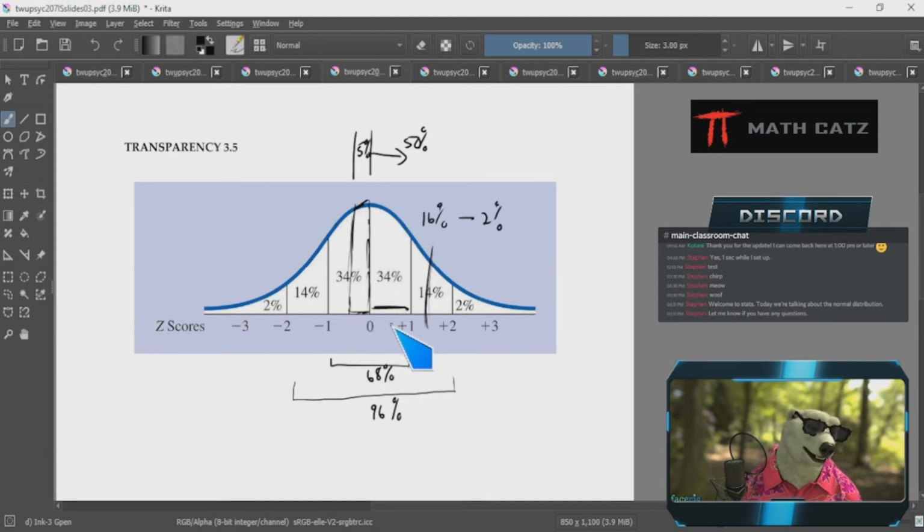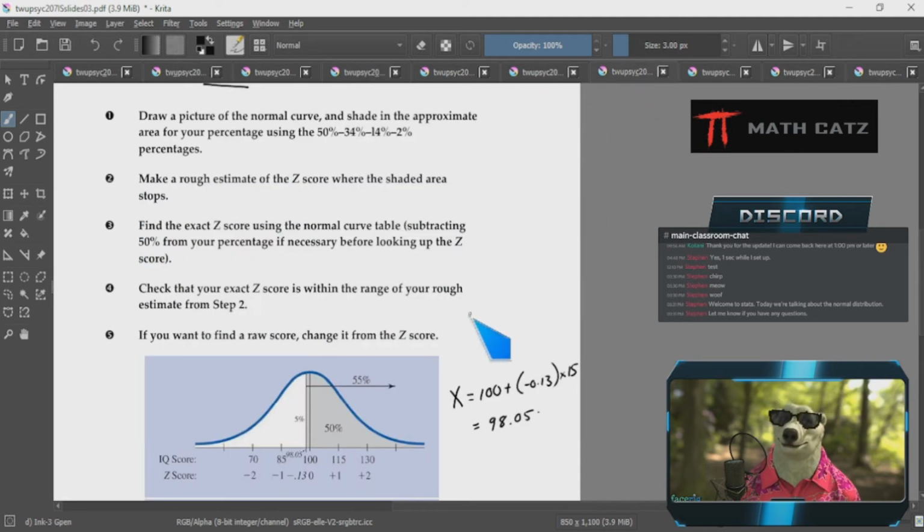So where do I think that score is going to be? Somewhere between -1 and 0. I don't know exactly which one it's going to be closer to. I like to say 0, but it's a little fatter at the top here, so I don't know for sure, but definitely between -1 and 0, right? So I can draw a picture, use my 34, 14, and 2 breakdown, rough but still useful, and make a rough estimate.